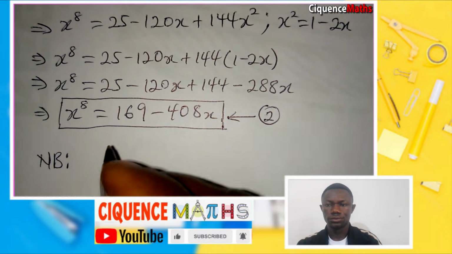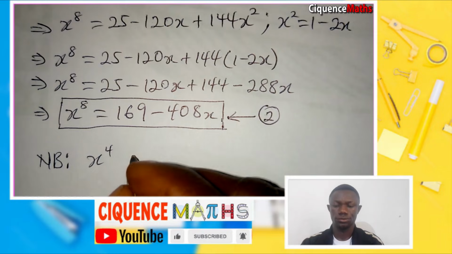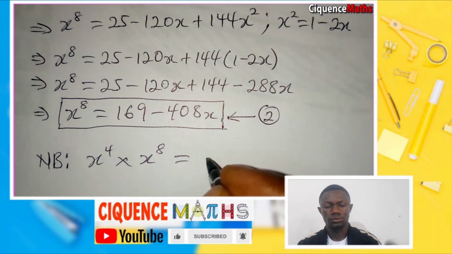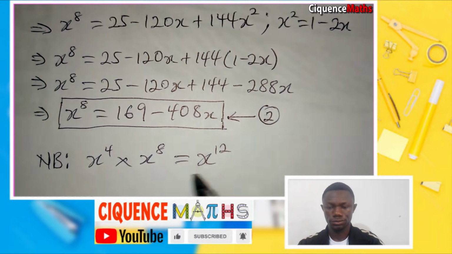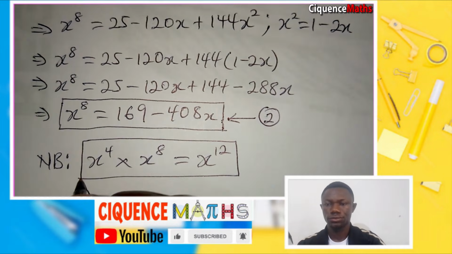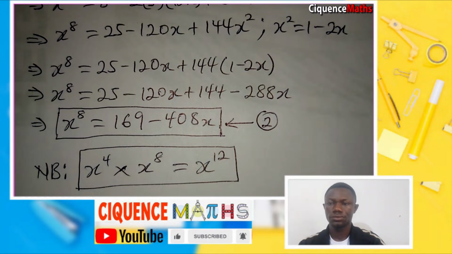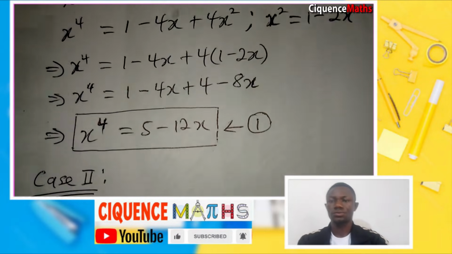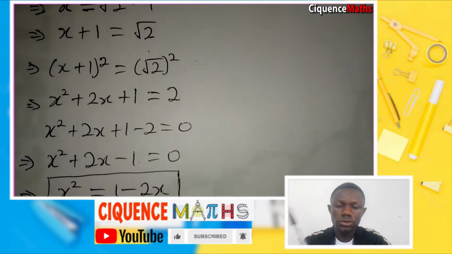But we should note that x exponent 4 times x exponent 8 will give us x exponent 12. When multiplying indices of the same base, we add the exponents. With this idea, we can get the value for x exponent 12.